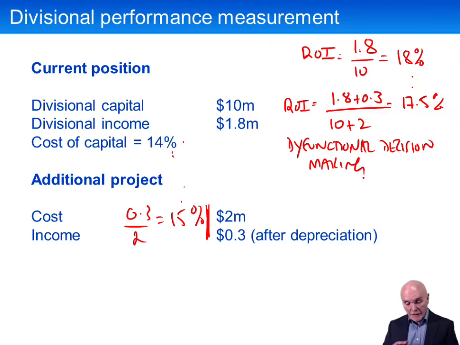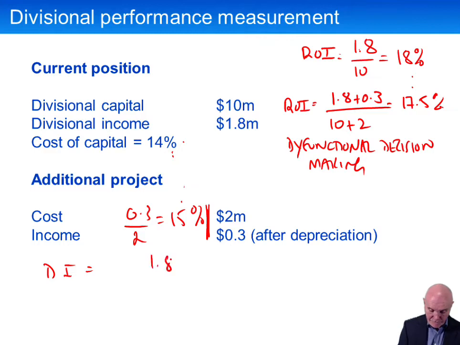Let's see how this would work if we're looking at residual income. So the way residual income works, we take the current position to start with here. The residual income, you start with the divisional income, which is 1.8. And then we make a notional charge for the division's use of capital.